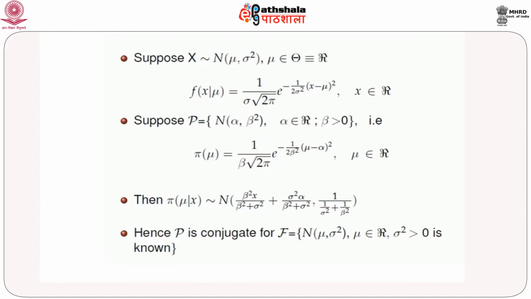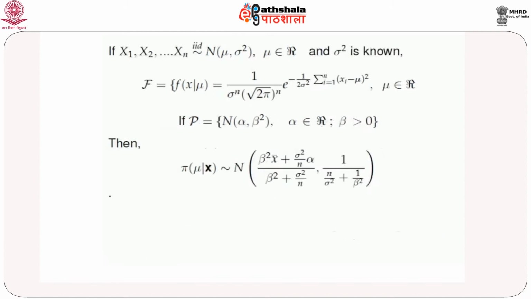So, we see that the posterior distribution of the parameter mu given the observation x is also normally distributed, and thus we may conclude that the class of prior distributions P is conjugate for the family script f, that is the normal mu sigma square family with mu taking any real number and sigma square positive and known.